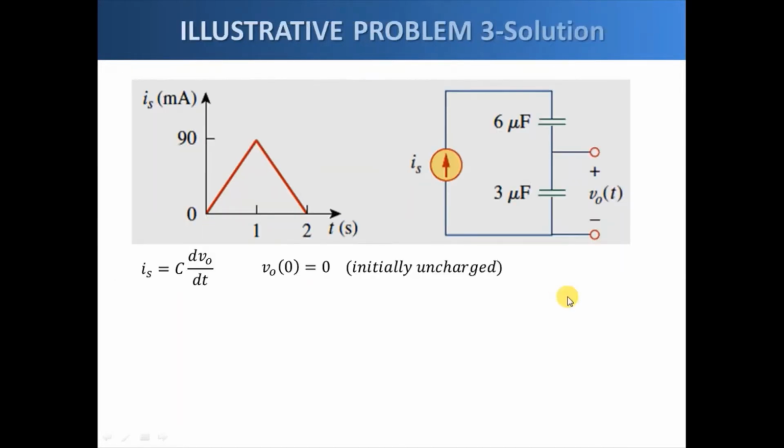Since we know that the current through the capacitor is related to the time rate of change of the voltage across it, we have I sub s equals C dVo over dt, where V sub O is the voltage across the 3 microfarad capacitor.